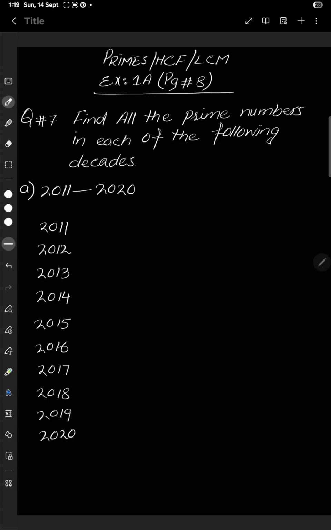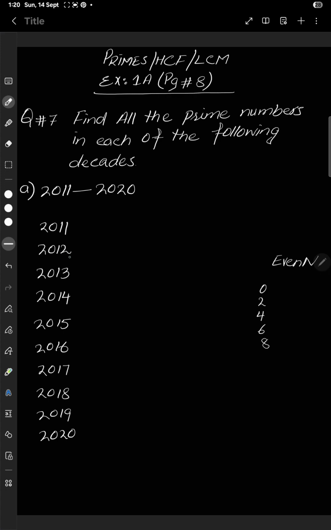Prime numbers are those numbers which are not divisible by any other number. They are only divisible by 1 and itself. So let's separate out quickly those numbers which are even numbers. Even numbers are those numbers which have 0, 2, 4, 6 and 8 as a last digit.